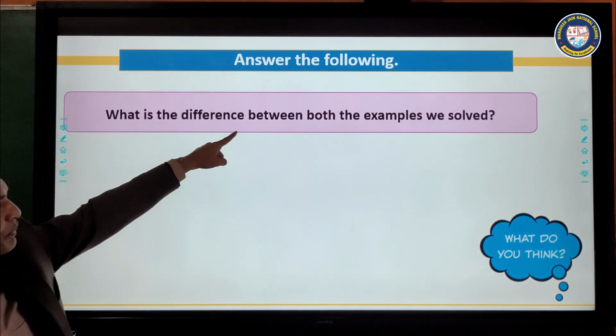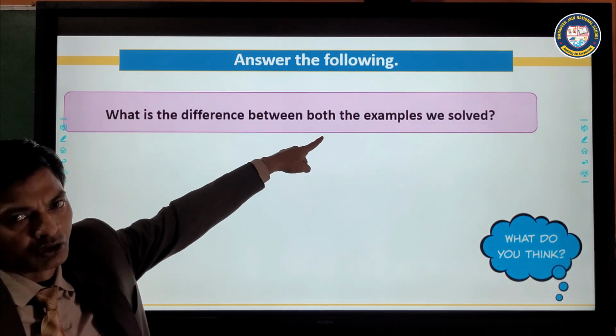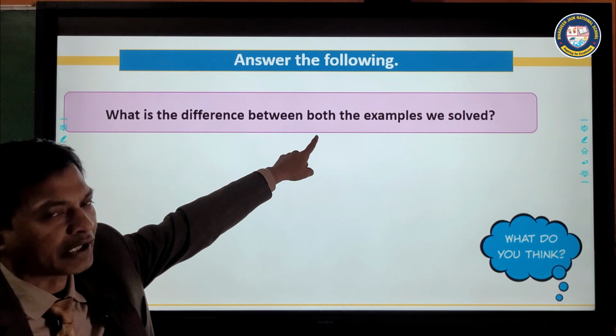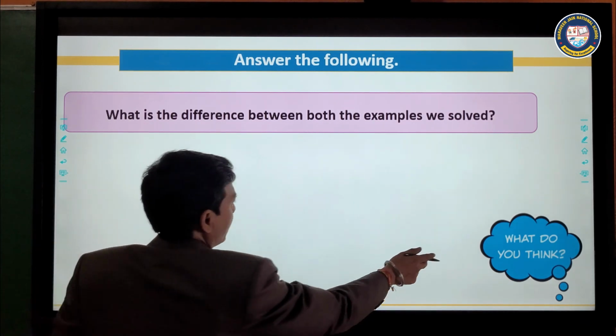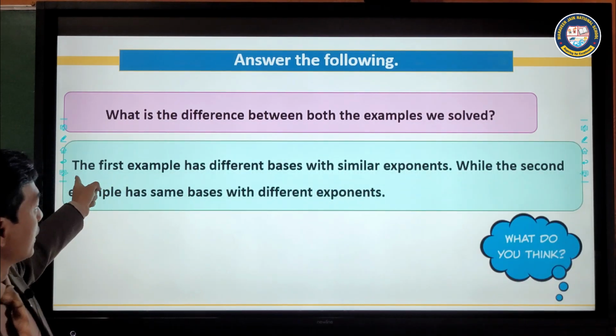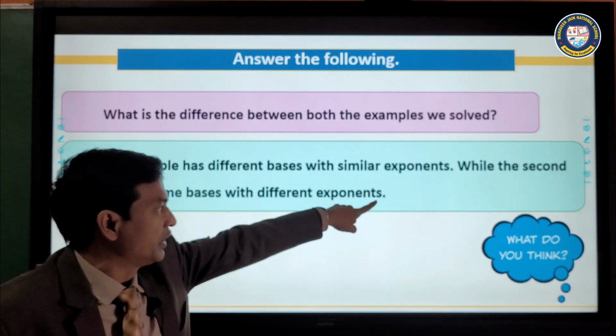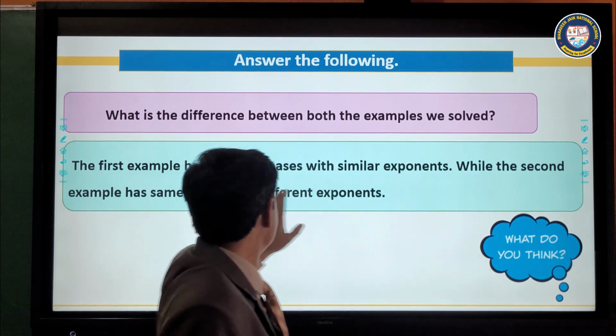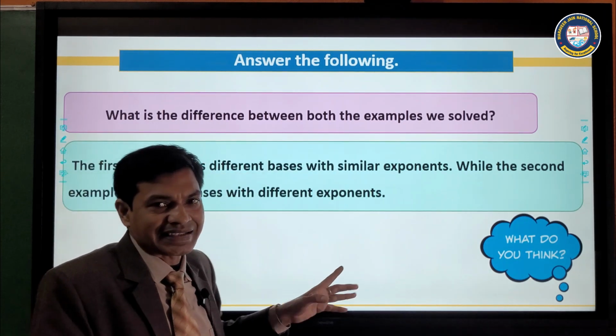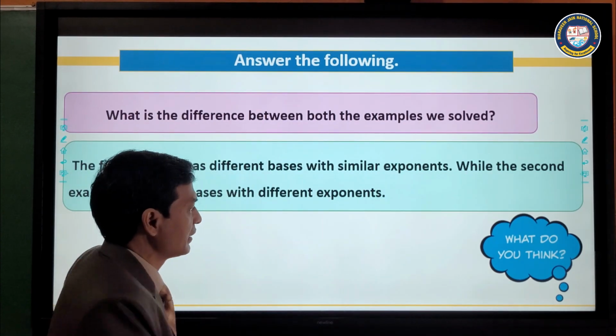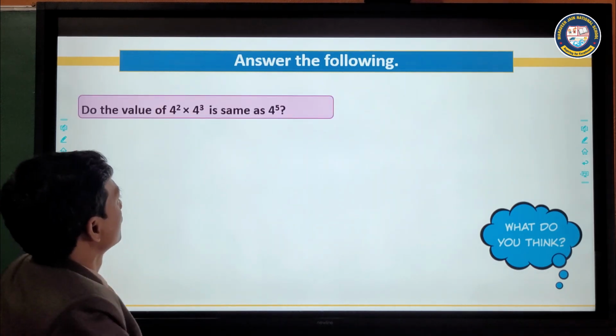So what is the difference between both the examples we solved? The first example has different bases with similar exponents, while the second example has the same base but different exponents.